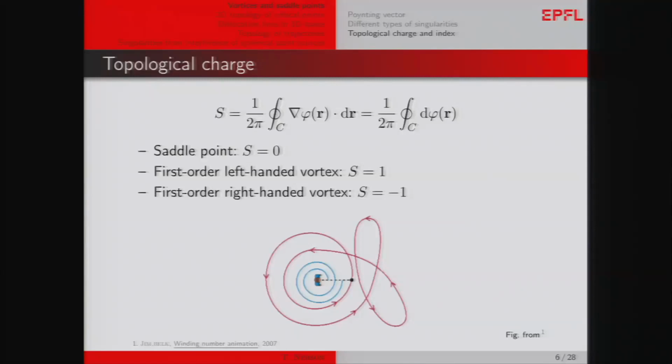So you have a guy trying to follow the curve C, the red curve, and by following it, you count how many times you go around. For this example, we would do two rounds, so S would be equal to 2.